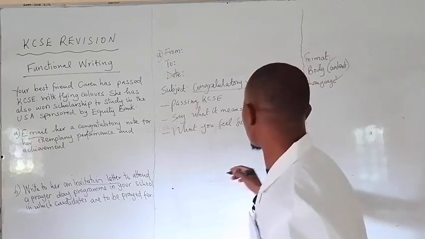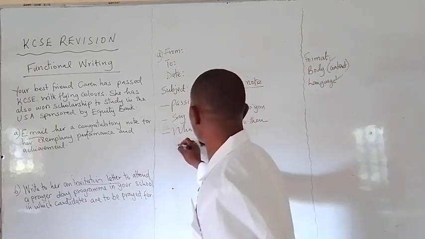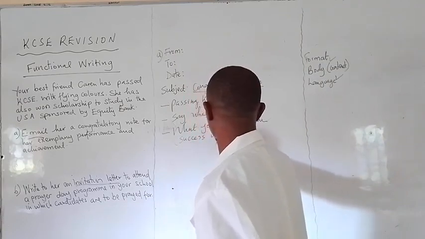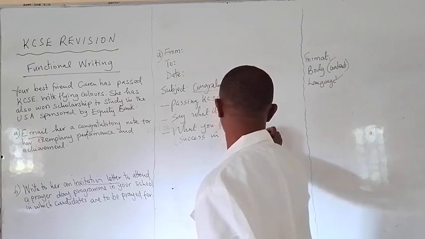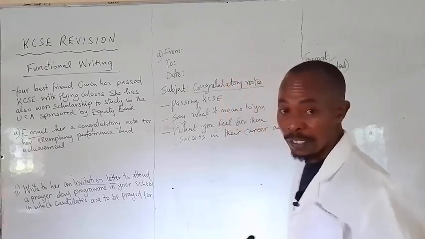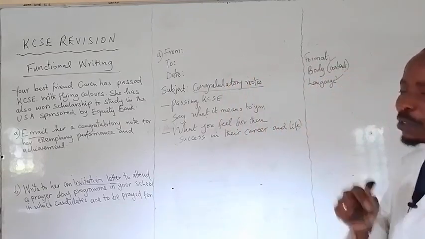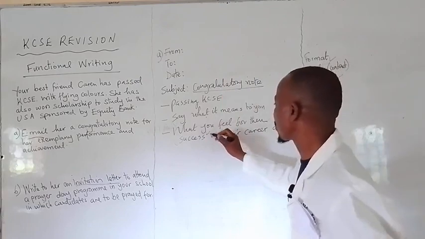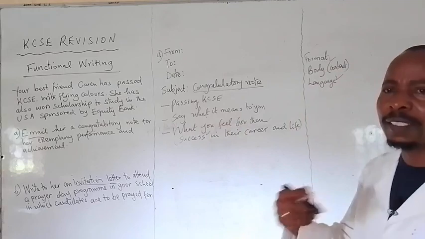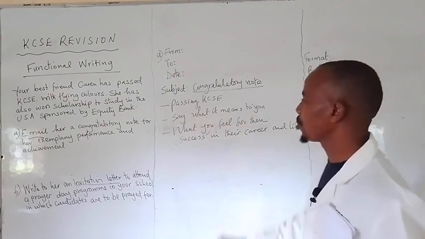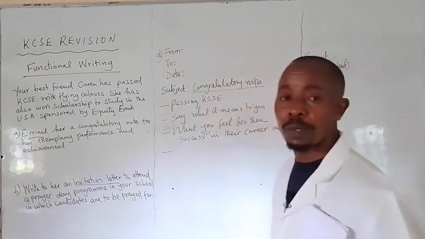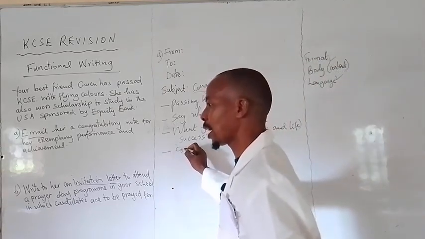So in this case, you must be talking about wishing them success in their career, and even life, because having worked very hard and passed, you'd be wishing them success in their studies and subsequent life. That is what you'll be expecting in a congratulatory note. At times again, you can be commending them for the hard work.